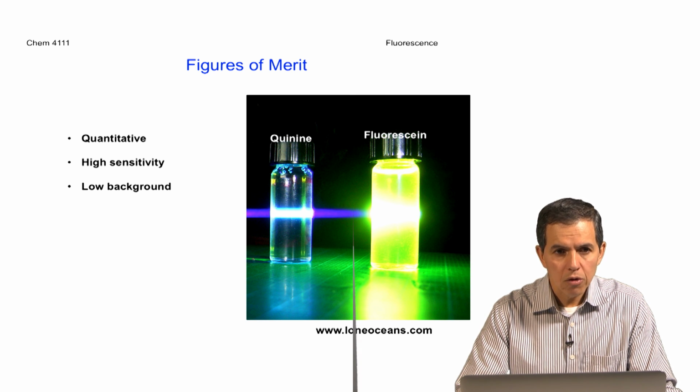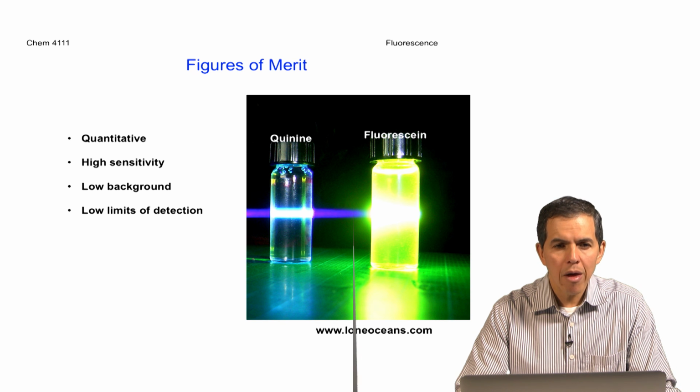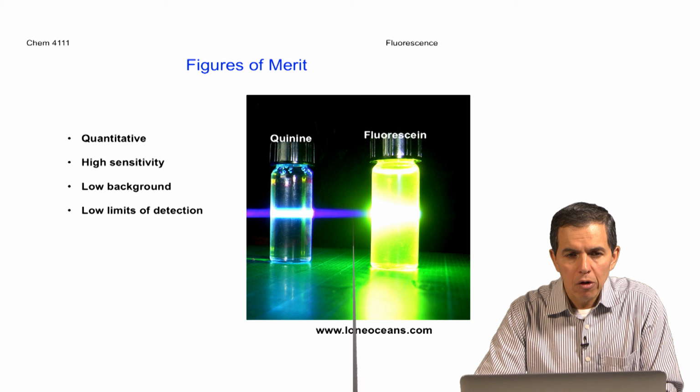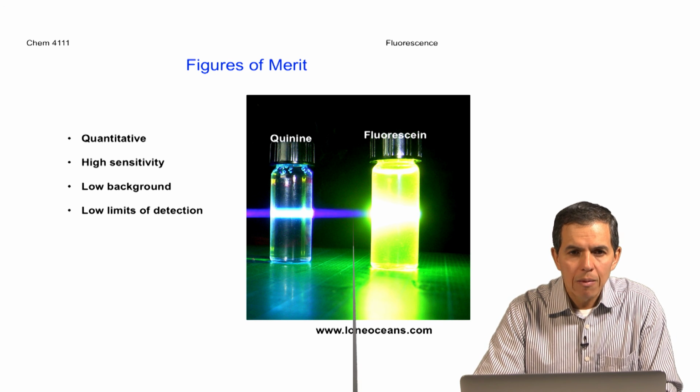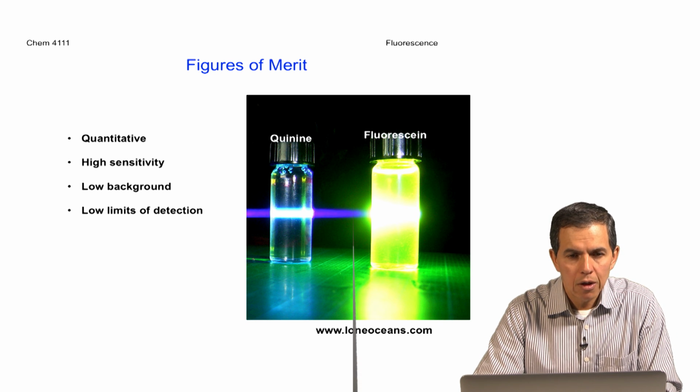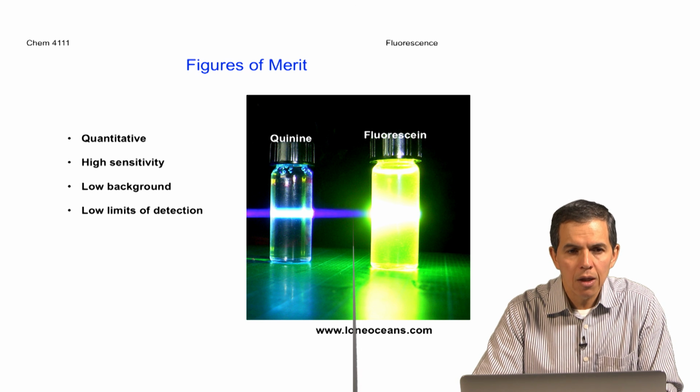Combining those two factors, the high sensitivity and the low background, leads to detection of molecules in very low amounts. Fluorescence spectroscopy is one of the championing techniques in terms of being able to detect single molecules, and this is thanks to the high sensitivity and low background of this particular technique.